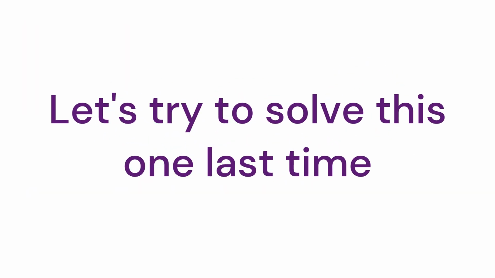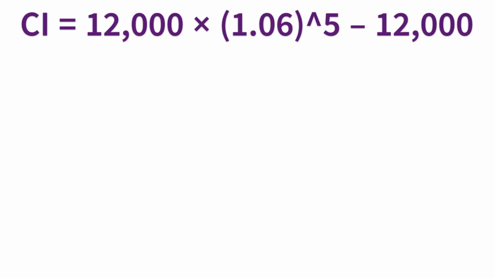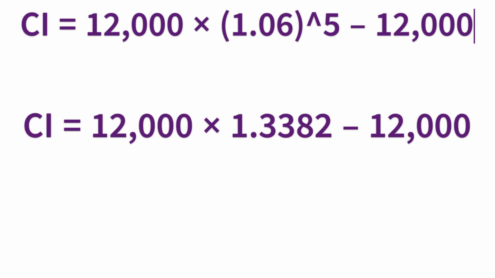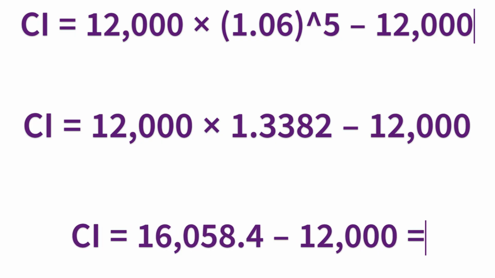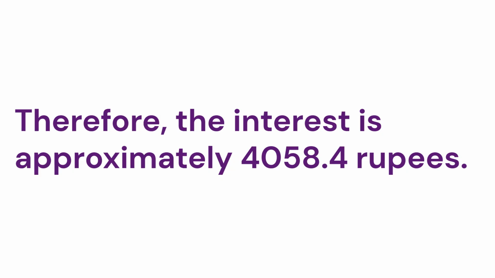Let's try to solve this. 12,000 times 1.06 to the power of 5 minus 12,000. 12,000 times 1.3382 minus 12,000. 16,058.4 minus 12,000 equals 4,058.4. Therefore, the interest is approximately 4,058.4 rupees.